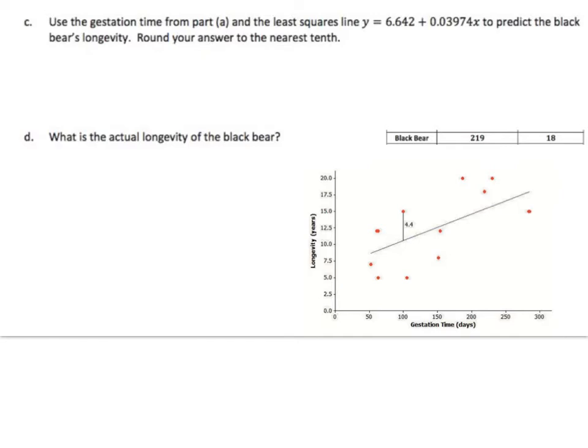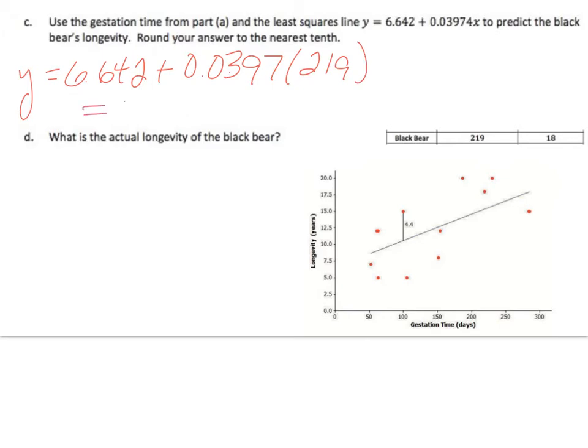Use the gestation time from part A and the least squares line to predict the bear's longevity. So now I'm going to plug it in. I have y equals 6.642 plus 0.0397 times, what did we say? 219.